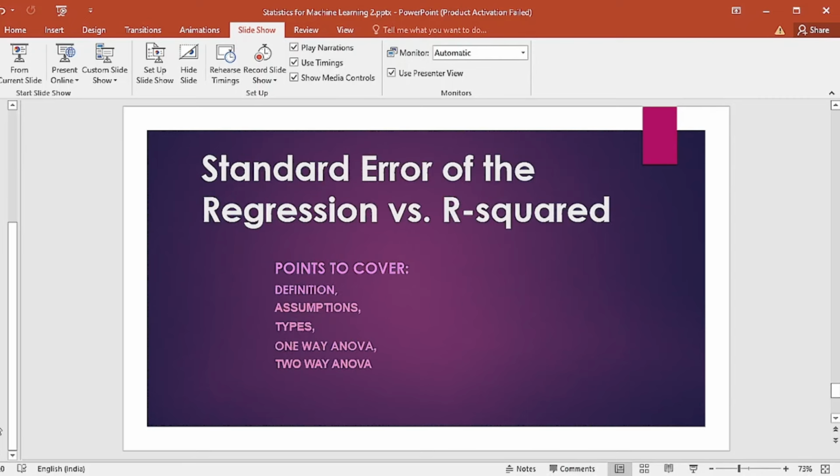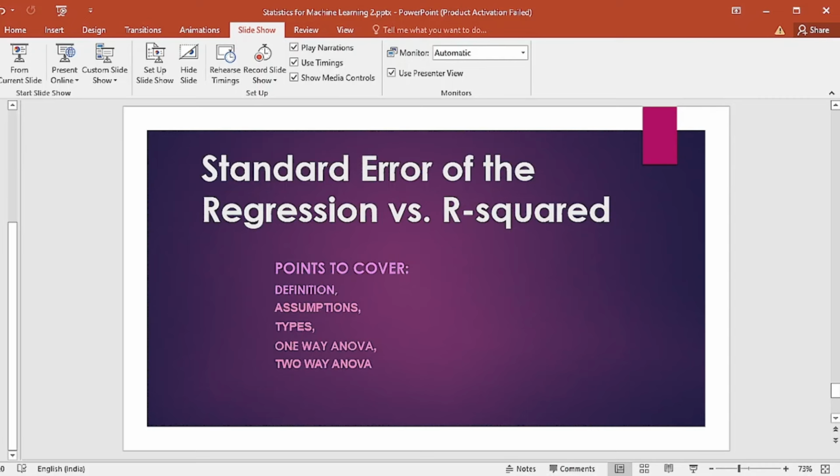The last question is standard error of the regression versus R square. The objective of R square is to determine the strength of the relationship between dependent and independent variables. And the objective of standard error is to find the average distance between actual values and predicted values through which the regression line passes.